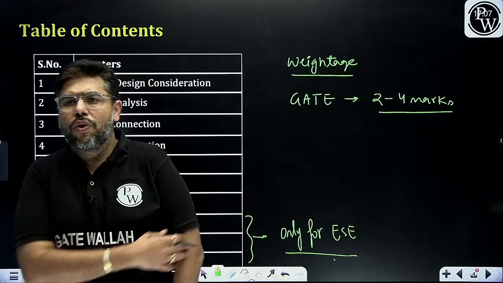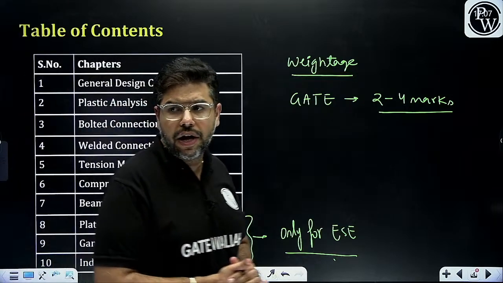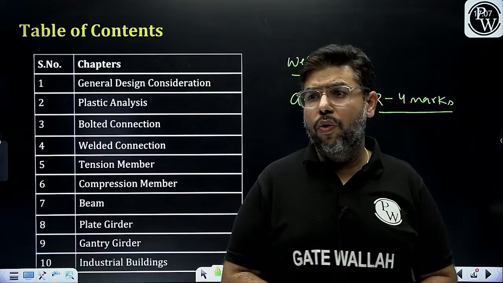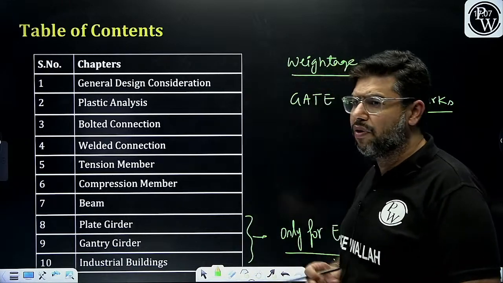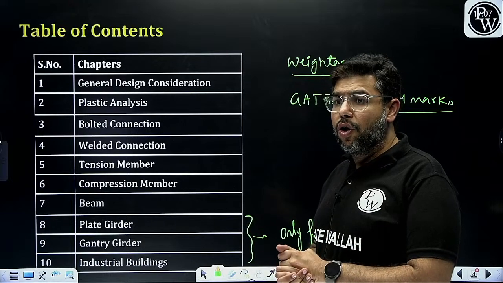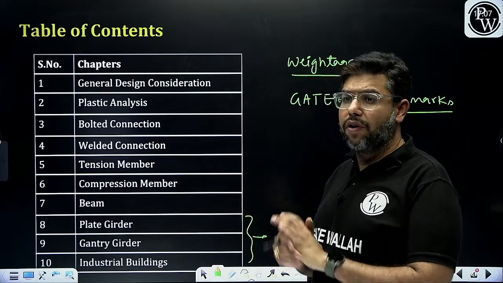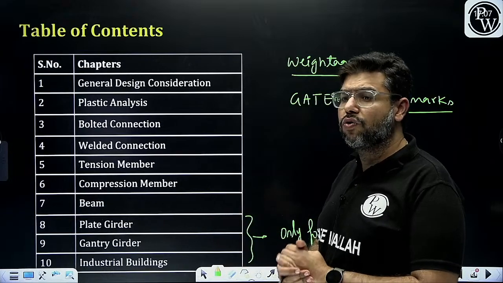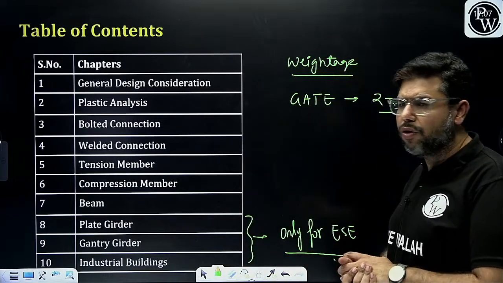Here we would be covering the design of steel structures as per the GATE standard. In GATE, only analytical questions are asked. So our focus would be only to cover the analytical questions. Design questions would be covered in the ESE batch separately, when it is launched.